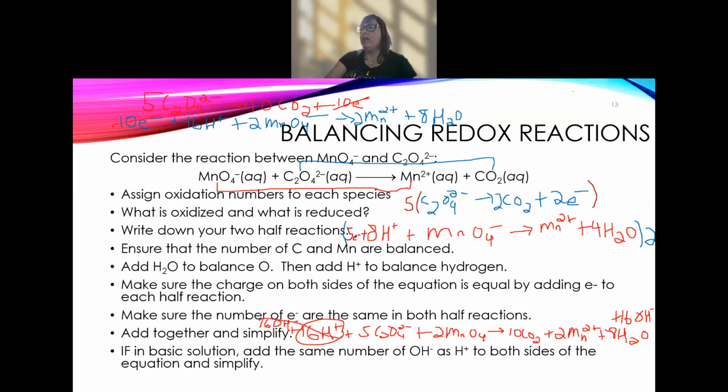So 16 waters. I'm going to cross out the waters. And I have 8 waters over here. So I'm going to cross out that 8 and leave this as 8 H2O. And that gets added to the 5 C2O4 2 minus plus 2 MnO4 minus, that going to 10 CO2 plus 2 Mn2 plus 16 OH minus. And now I have successfully balanced in both acid and then in base.